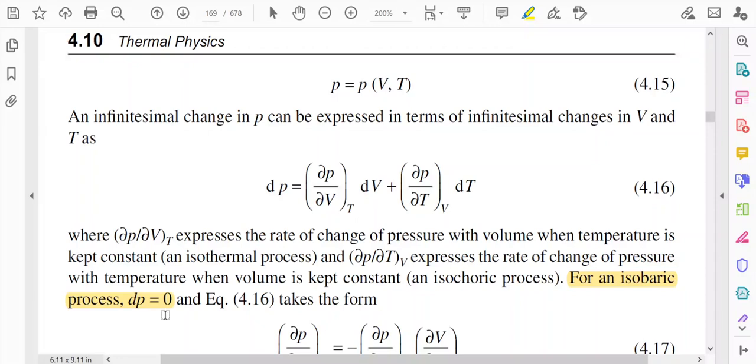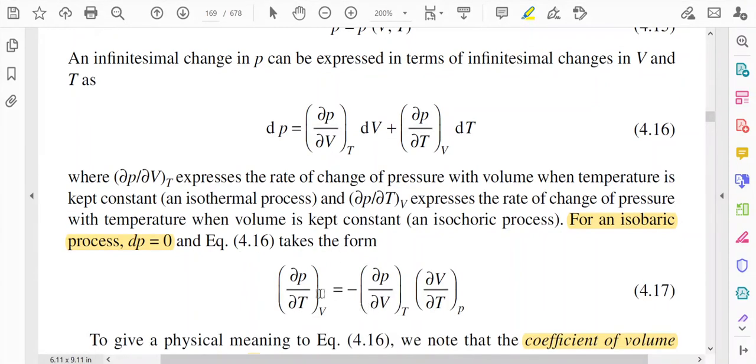If dP = 0, then equation 4.16 takes the form (∂P/∂T)_V = −(∂P/∂V)_T × (∂V/∂T)_P. After some algebraic rearrangement and putting dP = 0, we get equation 4.17 from equation 4.16.